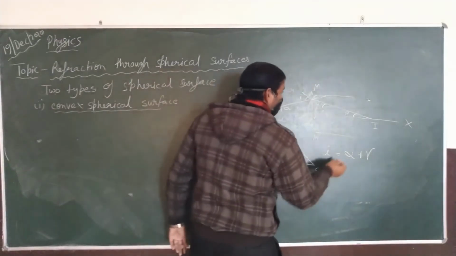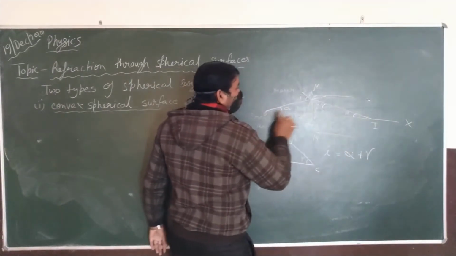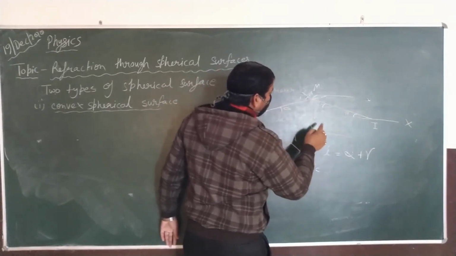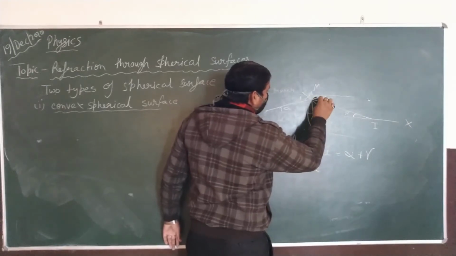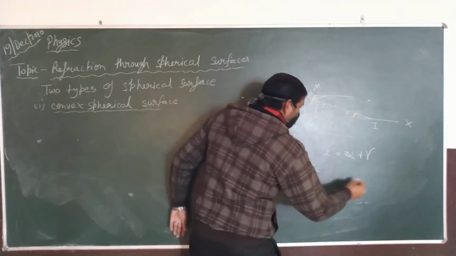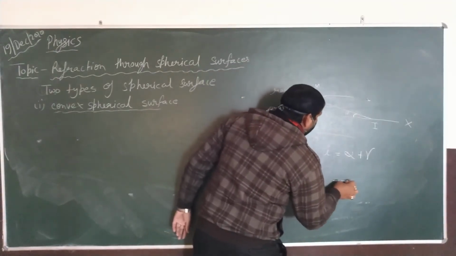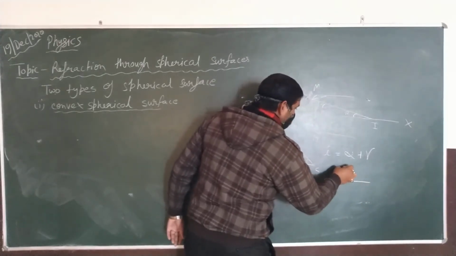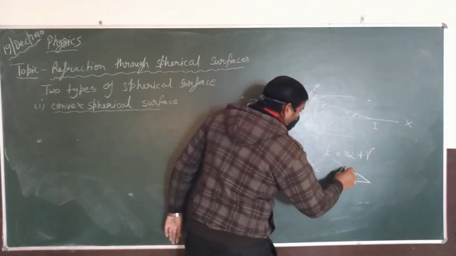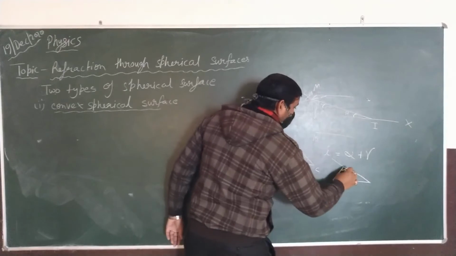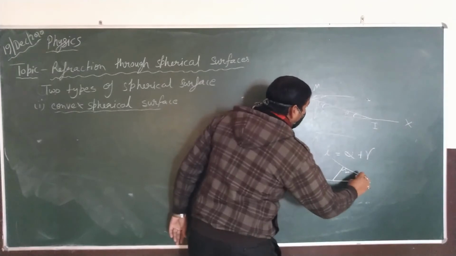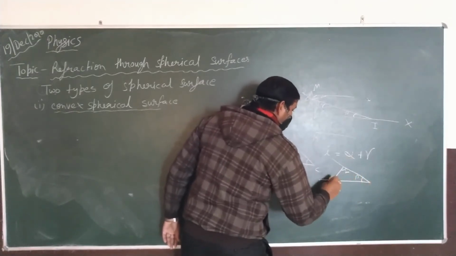And here the second thing, by using triangle CAI. This angle is r, this angle is beta, and this angle is gamma.